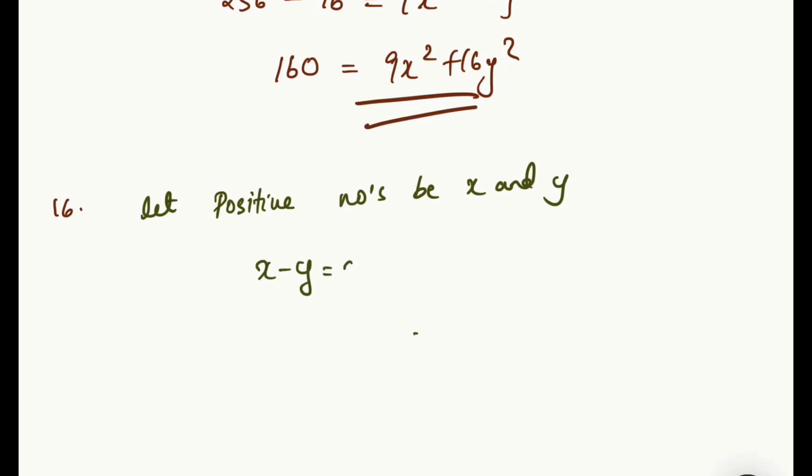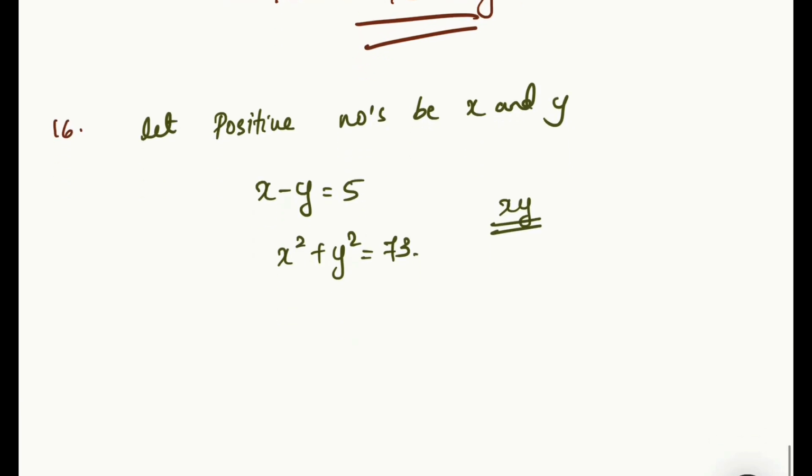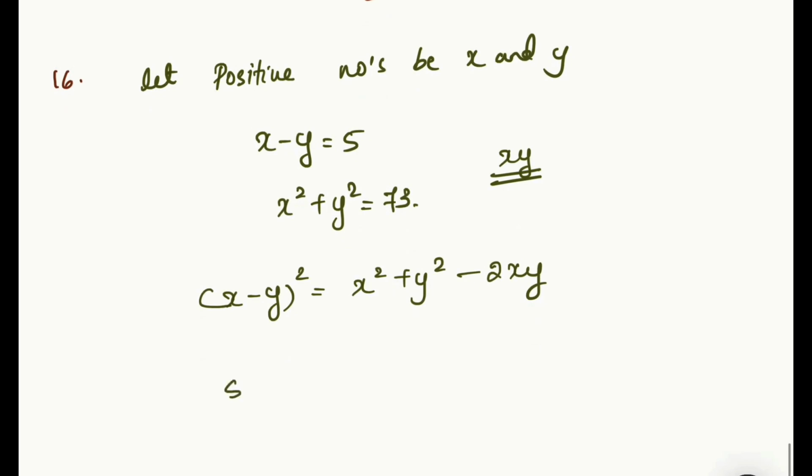x minus y is equal to 5 and the sum of the squares is 73. That is x square plus y square is equal to 73. Find the product of them. What is the product? You need to find out xy. Okay. So (x minus y) the whole square is equal to x square plus y square minus 2xy. Right. So x minus y is 5, 5 square equal to 73 minus 2xy.